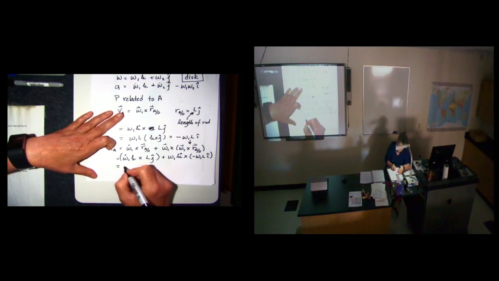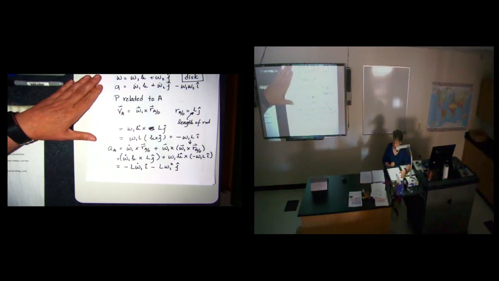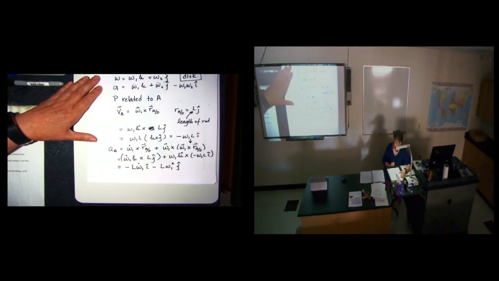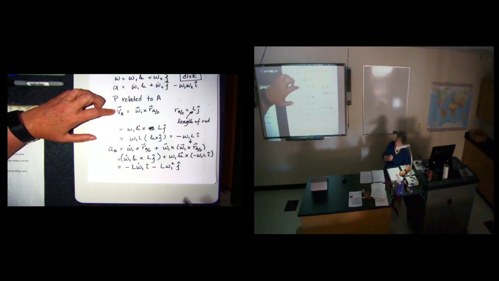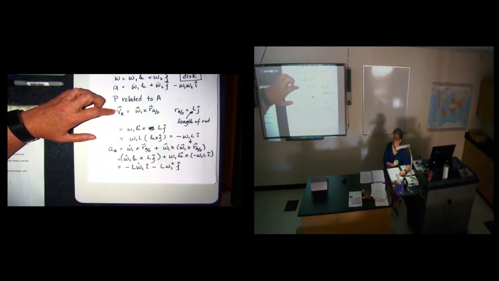This ends up being minus L omega 1 dot in the I direction minus L omega 1 squared in the J direction. So that's the velocity of the radius, or of the center of the disk as it rotates around O.